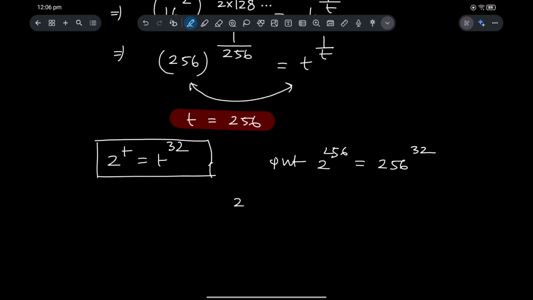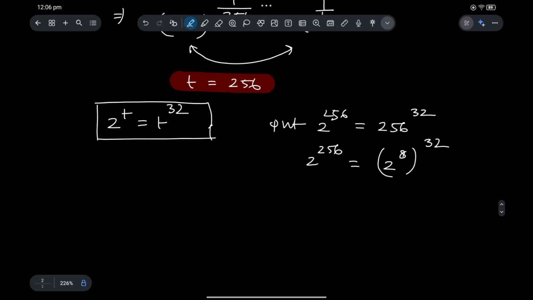Now 256 can be written as 2 to the power 8, whole to the power 32. So here 2 to the power 8 into 32, therefore 8 into 32 means 256.